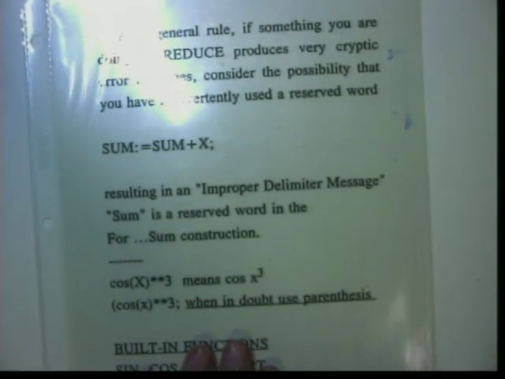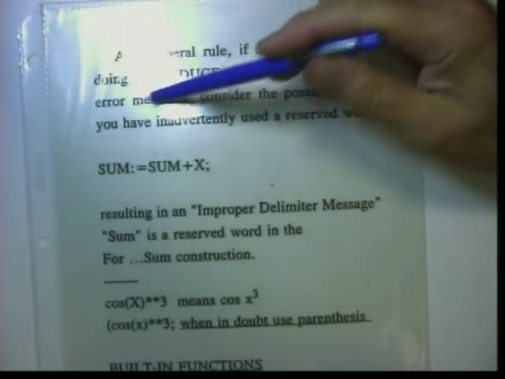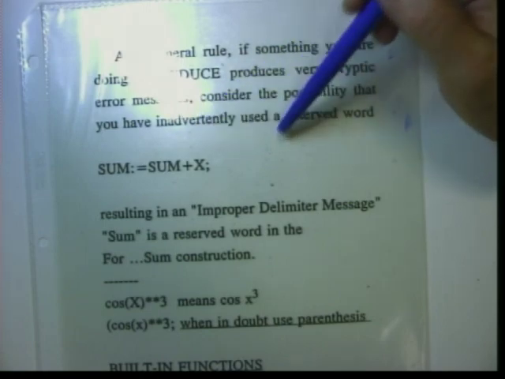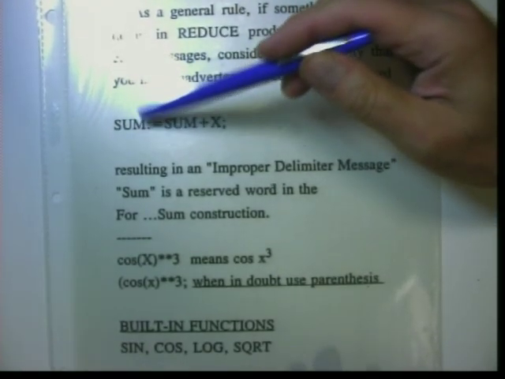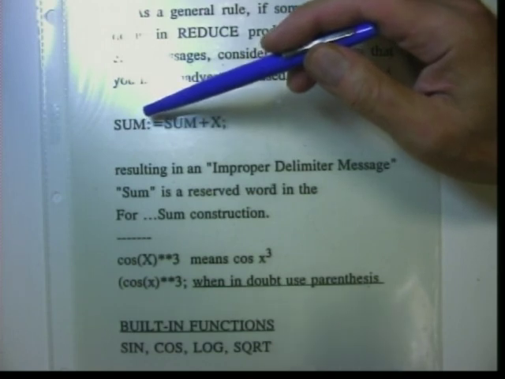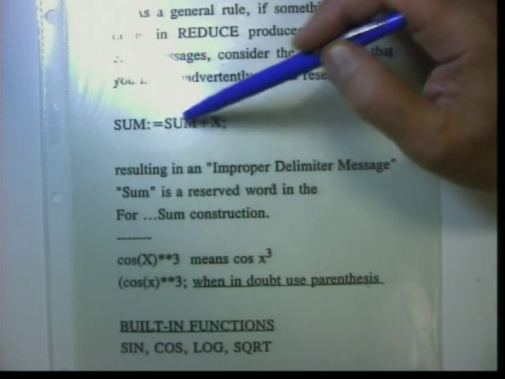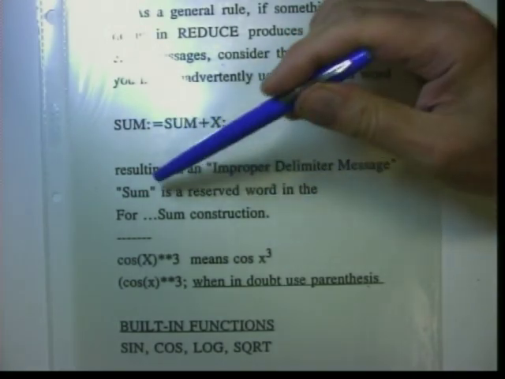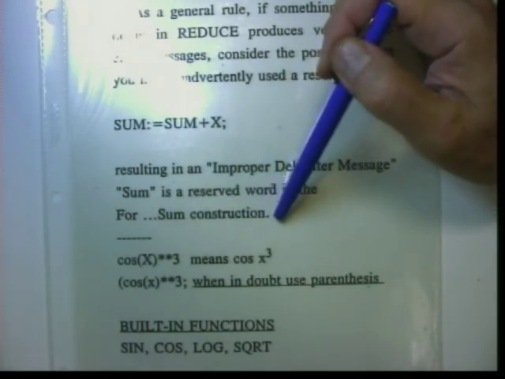As a general rule, if something you are doing in Maple produces very cryptic error messages, consider the possibility that you have inadvertently used a reserved word. For example, sum cannot be used. If you write sum equals sum plus x, it results in an improper delimiter message, because sum is a reserved word for the sum construction.